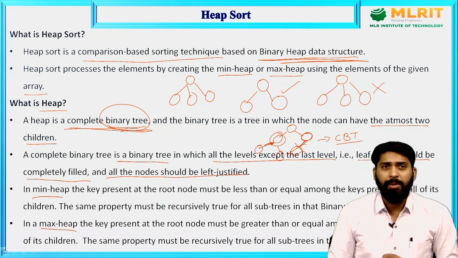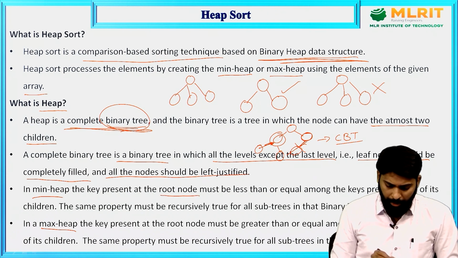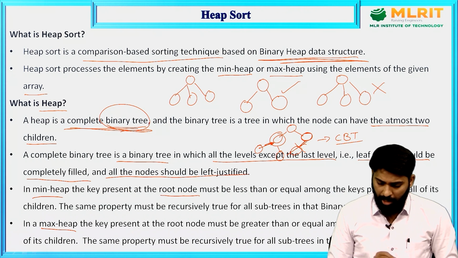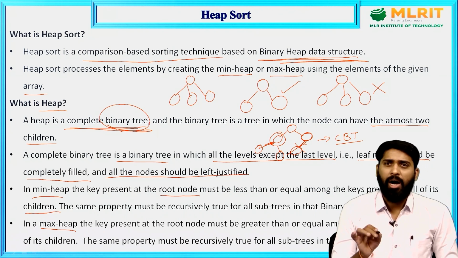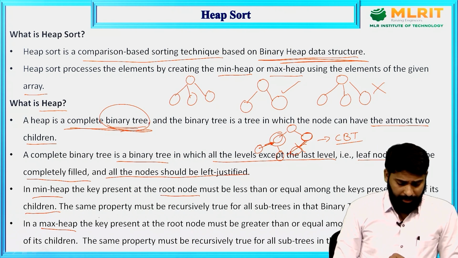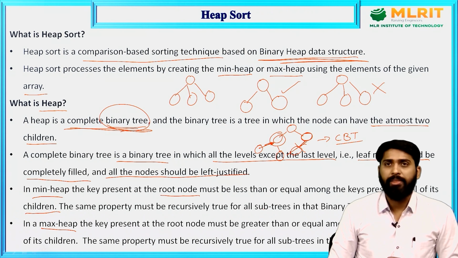In a min heap, the key present at the root node must be less than or equal to the keys present at all of its children. That means the root is always smaller than or equal to the children, and the same property must be recursively true for all subtrees in that binary tree.